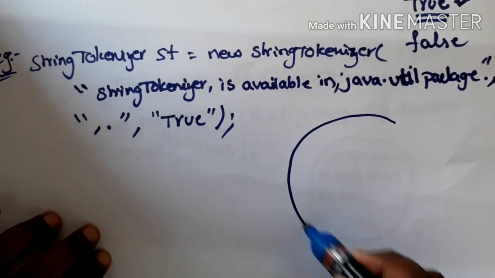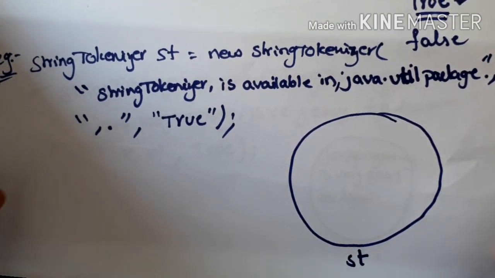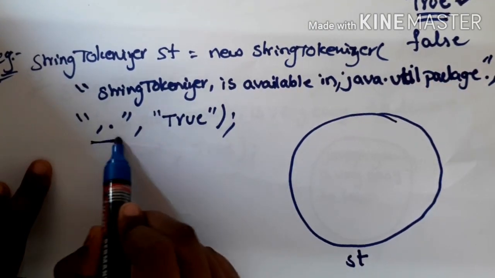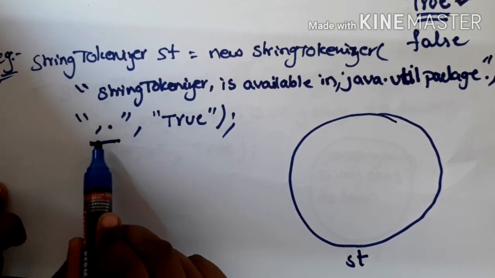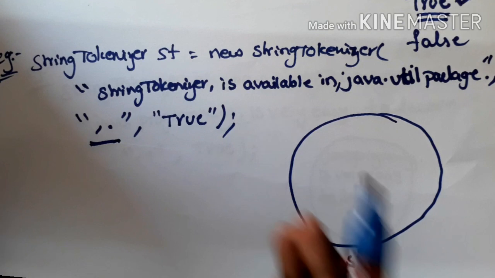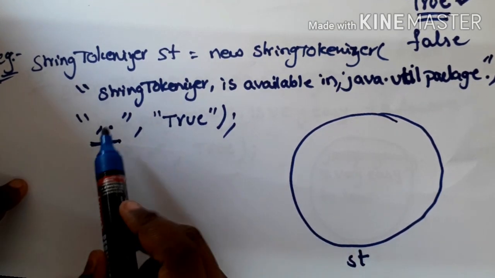A StringTokenizer object will be created, and this string will be tokenized based on the specified delimiters. What delimiters have we specified here? Comma and full stop.